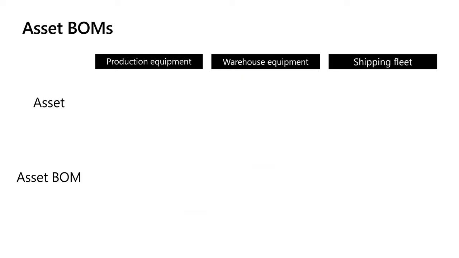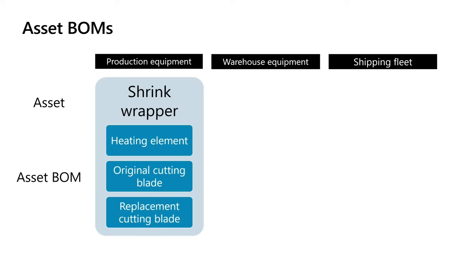Asset BOMs are a list of all the items that are used on an asset in its lifetime, including the parts it came with, as well as any spare parts installed through maintenance activities. In our production example, on our shrink wrapper asset, we have a heating element, we have the original cutting blade that came with the shrink wrapper, and we've recorded that we have a new cutting blade that we replaced through maintenance activities.